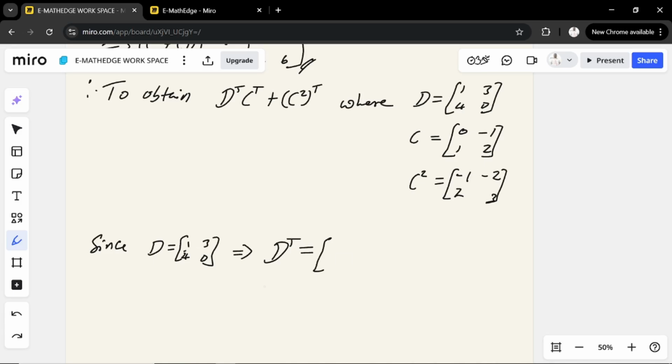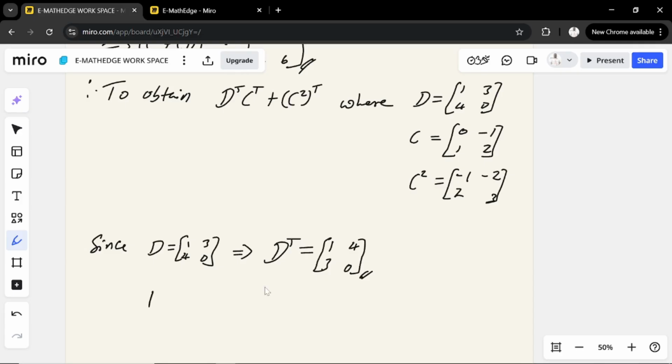So elements in the first row here, we have 1 and 3, so it's going to be 1 and 3. And elements in the second row, we have 4 and 0. So we are going to have 4 and 0 here. This gives us D transpose.